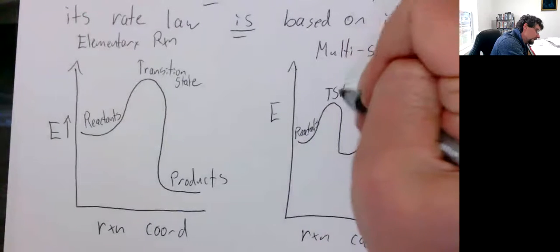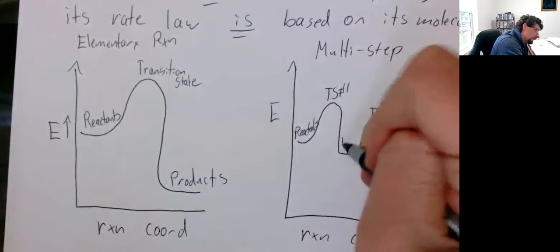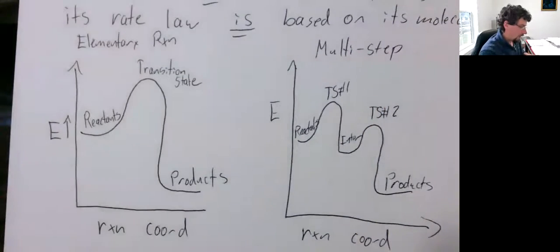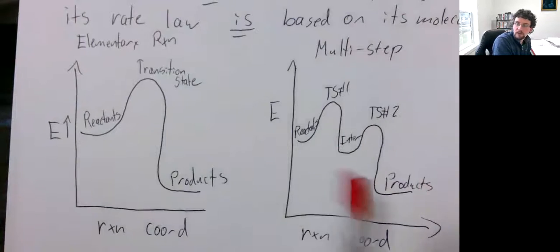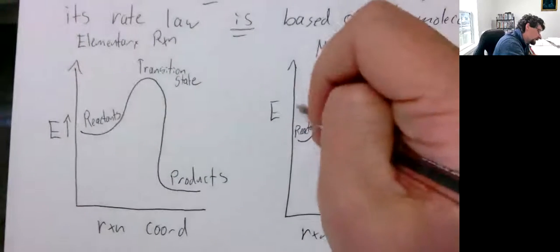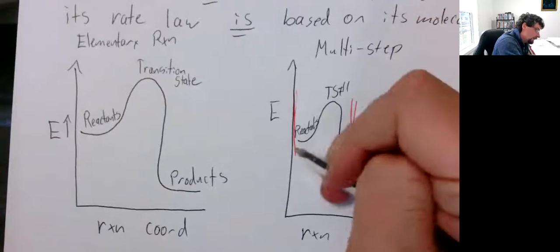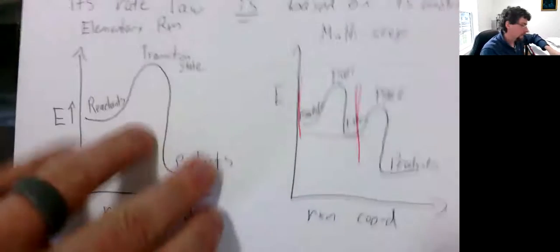We have transition state number 1, transition state number 2, and an intermediate. And actually, there are two elementary reactions that occur in this reaction. This is the first step, to that point in the red, and then the rest would be considered the second step. Okay, so let's look at some examples.